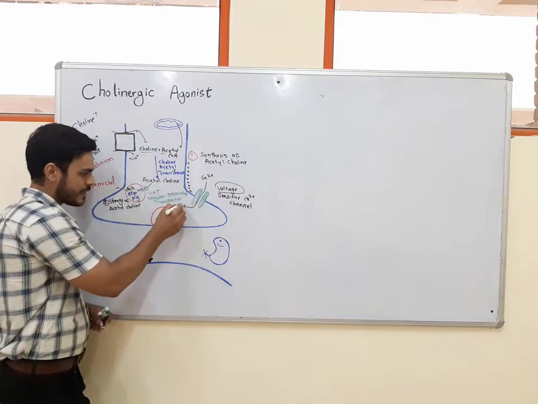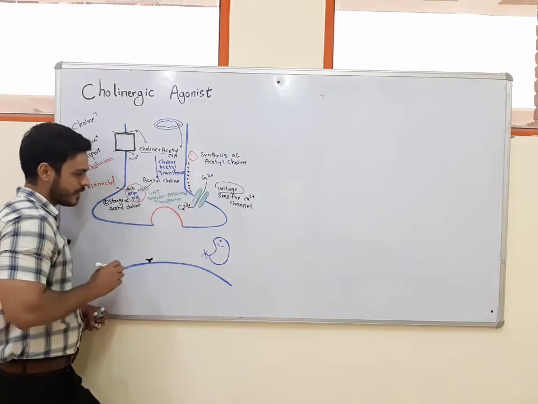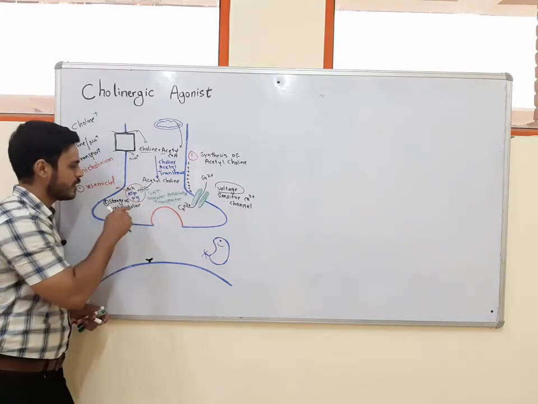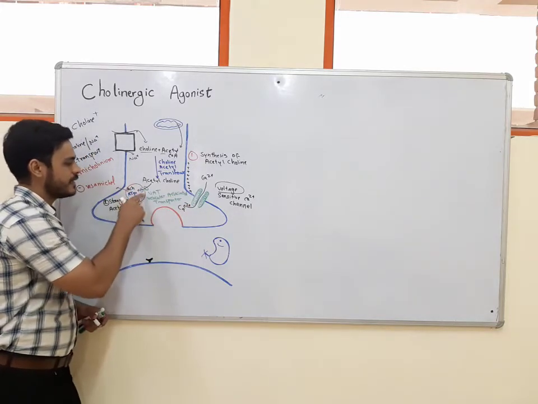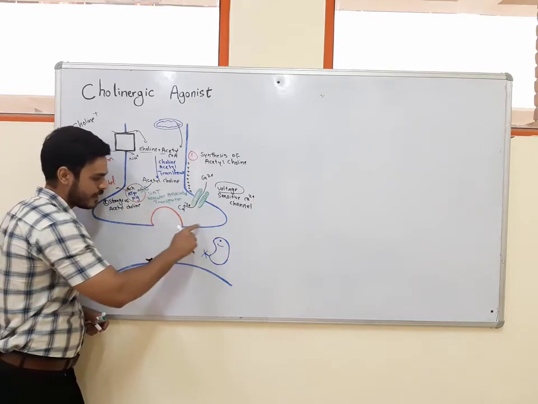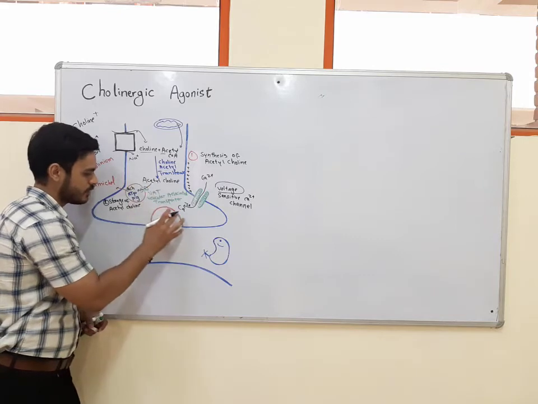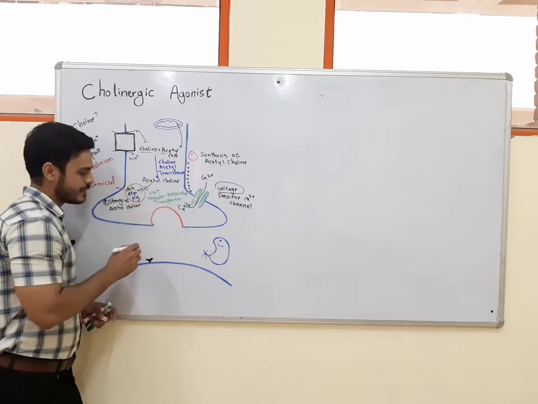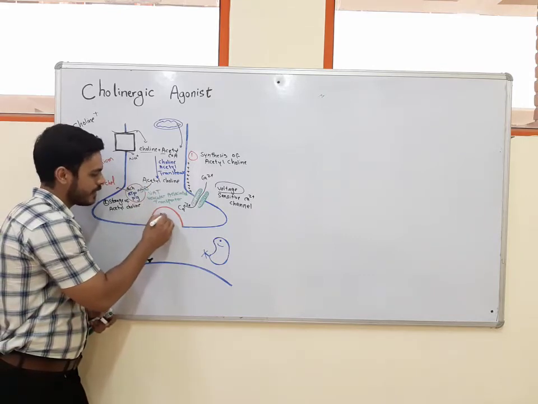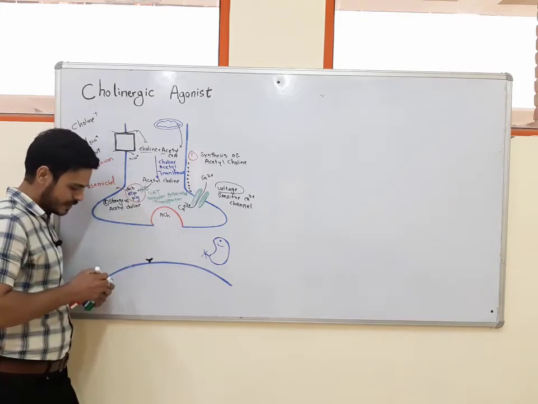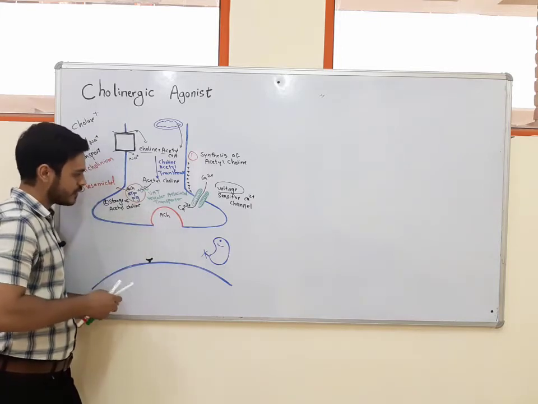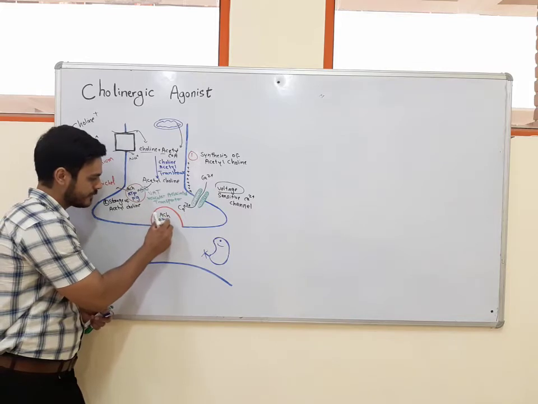Then this calcium, which is inside the nerve terminals now, will promote fusion of these vesicles to the nerve terminal membrane, and by fusion of these vesicles to the membrane, we can see releasing of the neurotransmitter and co-neurotransmitter which are in the vesicles.